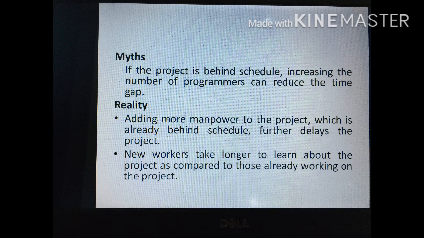What will happen? The new workers will take a long time to learn about the project itself. That will further delay the project. So, adding more manpower to a project which is already behind schedule further delays the project. That means that will not help to reduce the time gap.